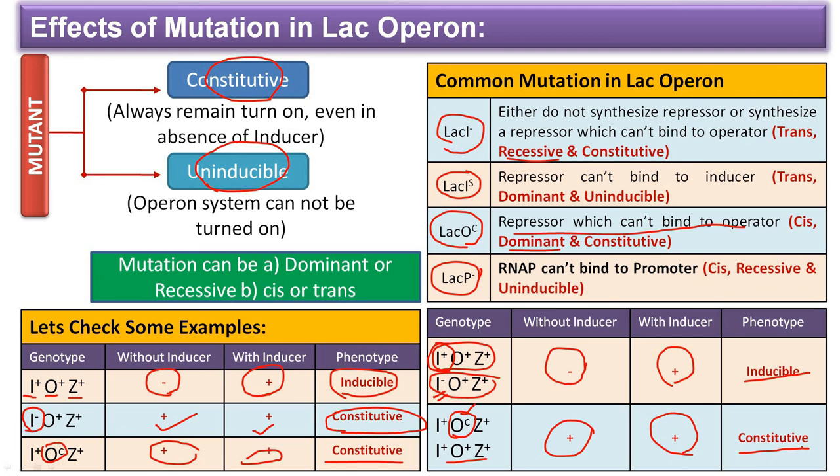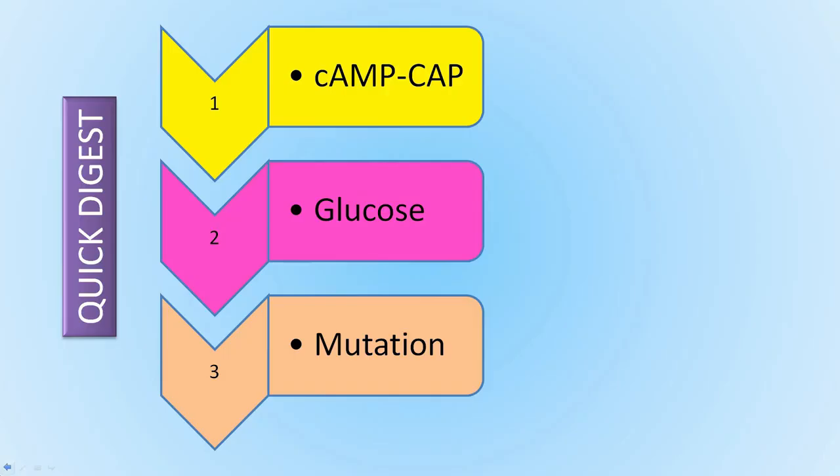So this is all about the different types of mutation and their consequences. So at the end, let's check once again what we have understood in this video. First, cAMP and CAP. CAP is an important activator of the Lac Operon, as without CAP, the RNA polymerase cannot bind to the promoter efficiently. However, CAP also depends on another molecule, cAMP.